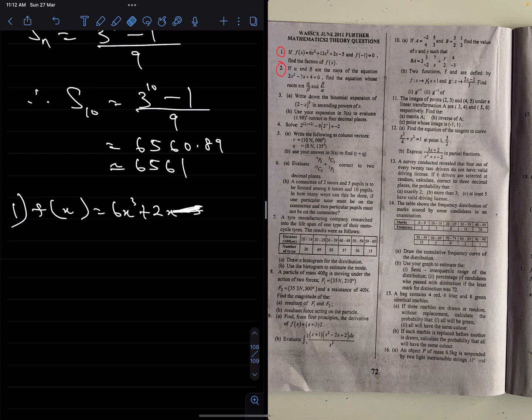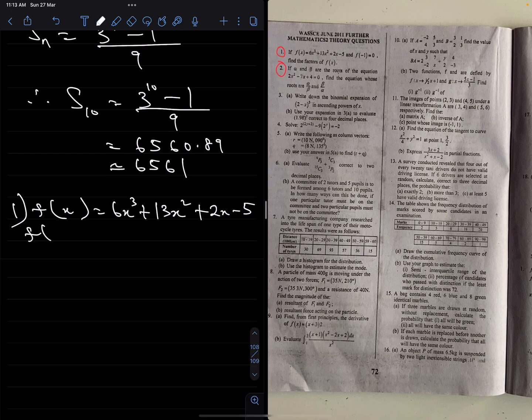It's 6x cubed plus 13x squared plus 2x minus 5. Can you read f of x again? 6x cubed plus 13x squared plus 2x minus 5.